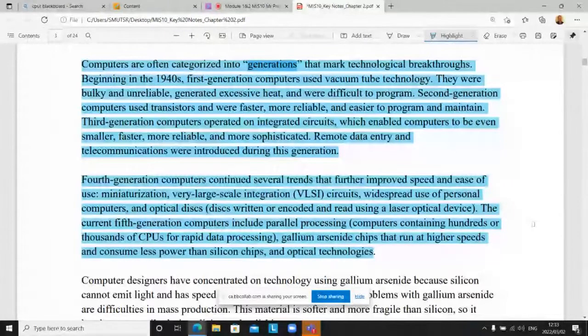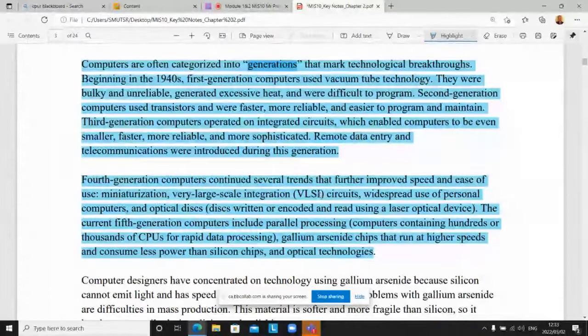So that you guys can read. Very large scale integration is the tiny, tiny little microchips that are inside your cell phone. It's called very large scale integration. Everything got so small that we can have our tablets and our smartphones.